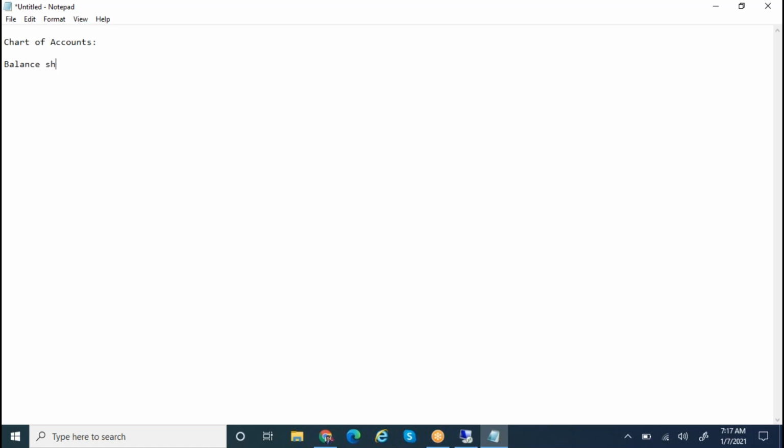So balance sheet means assets, liabilities. As per the commerce, these are the only two classifications, but Microsoft has separated 3 as equities. This is only Microsoft.